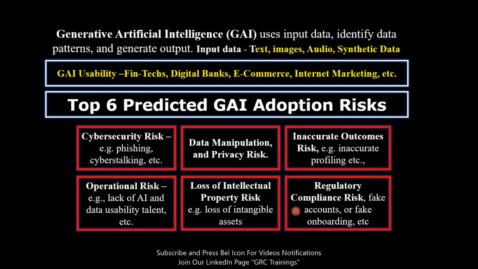So, if the data input or the parameters behind the AI bots are not appropriate, then fake customer accounts could be opened, and fake customer onboarding would result in criminal activities such as money laundering, terrorist financing, or digital fraud, etc. So, these were the top six predicted GAI adoption risks.